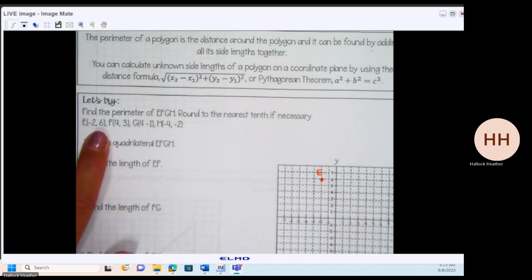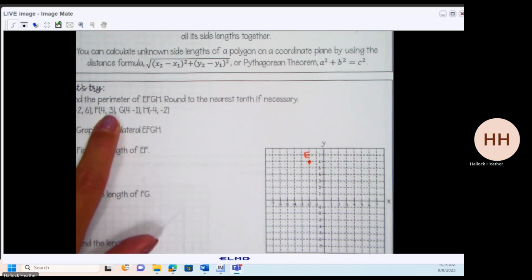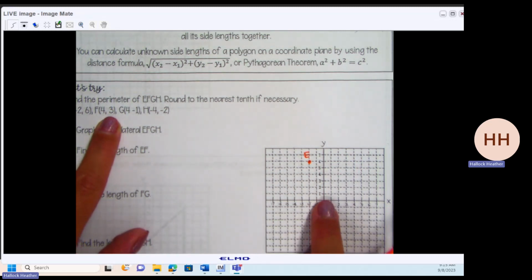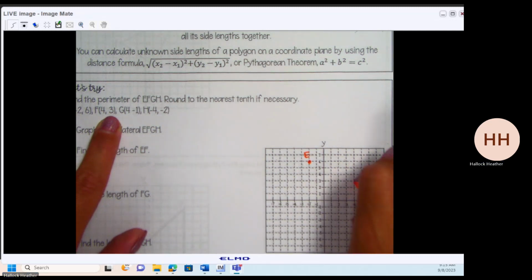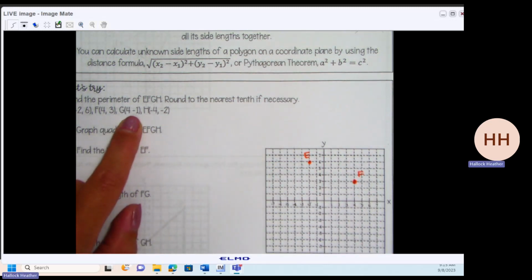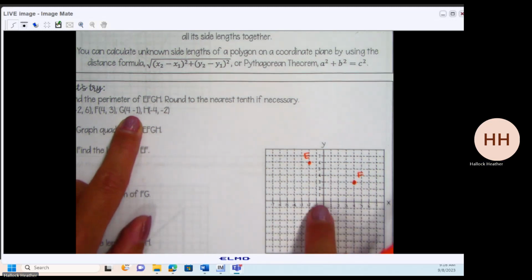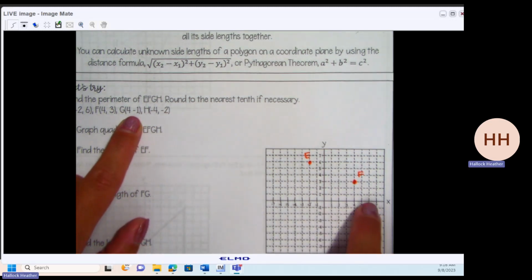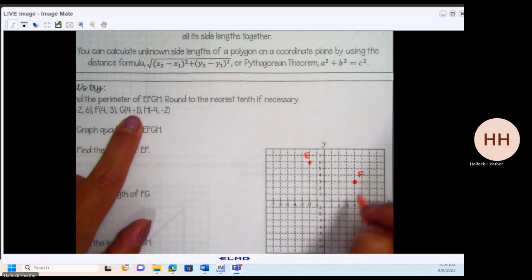Watch point F. F is at (4, 3). So starting back at the origin, which is 0, 0, I'm going to the right 4, and I'm going to go up 3. This is point F. G is at (4, -1). So starting at 0, 0, I'm going to the right 4, and then I'm going to go down 1.